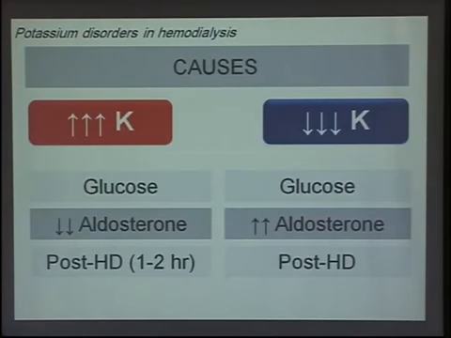Take care about what's called rebound hyperkalemia after dialysis. So it's not good to check for potassium immediately after dialysis because this might be a fake hypokalemia. On the other hand, if we wait for 1 or 2 hours, then there will be what's called rebound hyperkalemia.